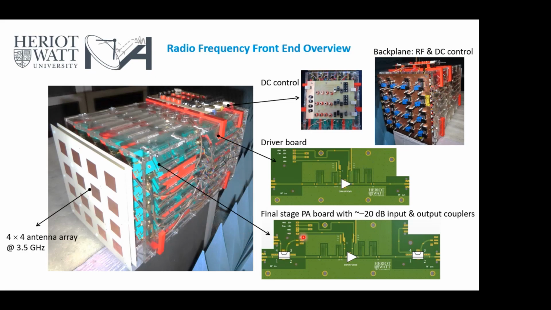The final stage power amplifier is directly connected to the antenna element, and on that board we have an input coupler and an output coupler to observe the forward and reflected wave at the input and output port, to assist us to know what the ARC is and know the performance of the amplifier.